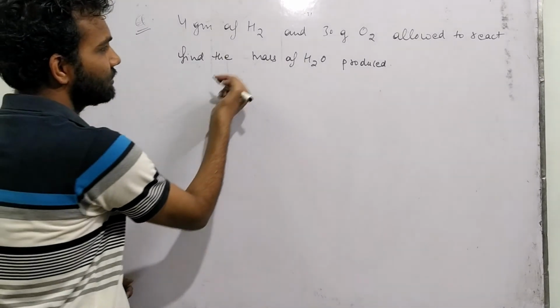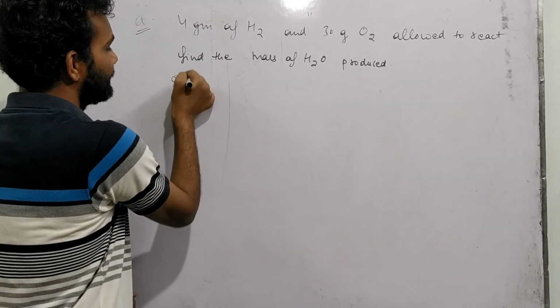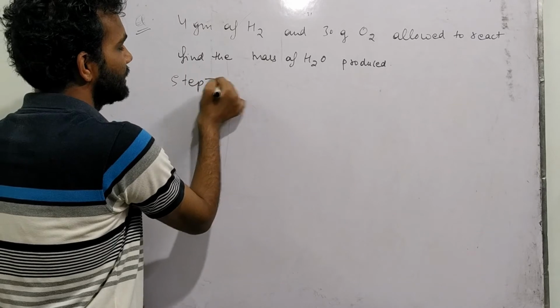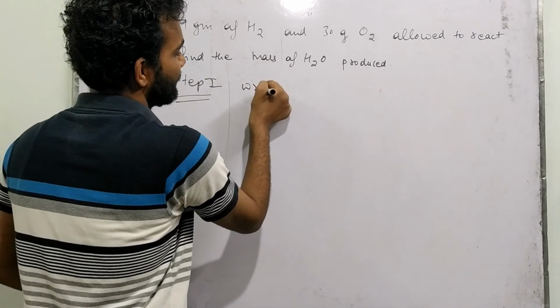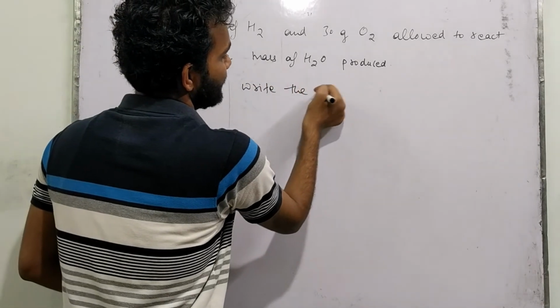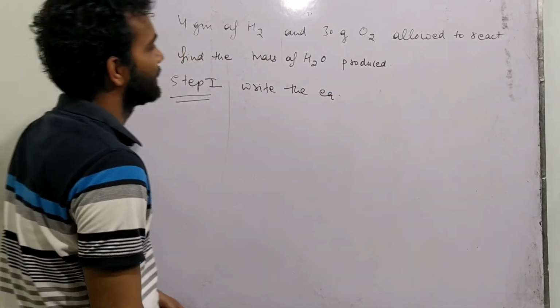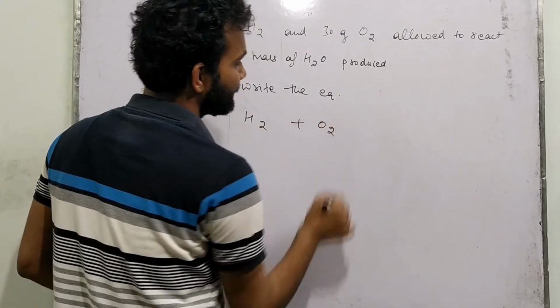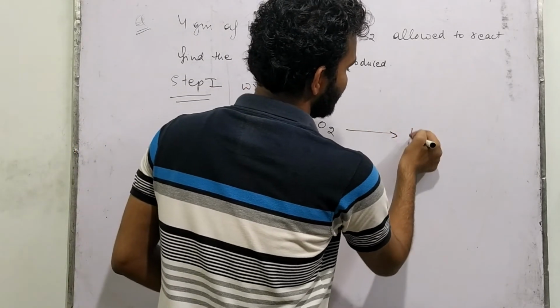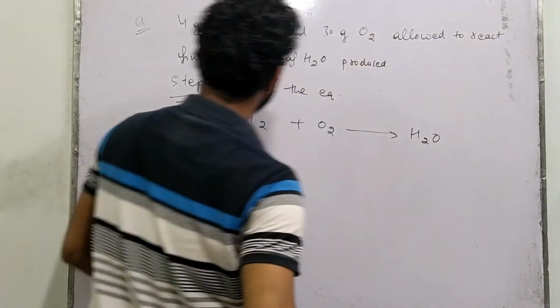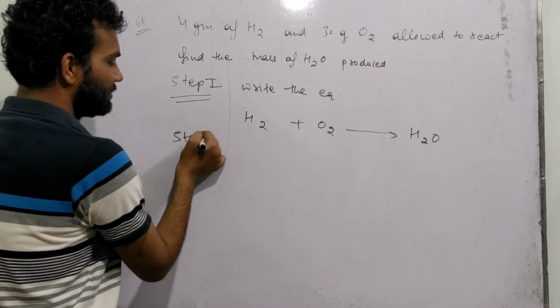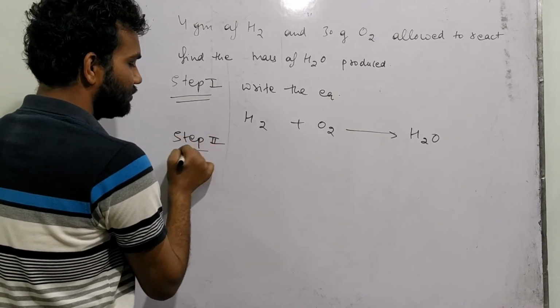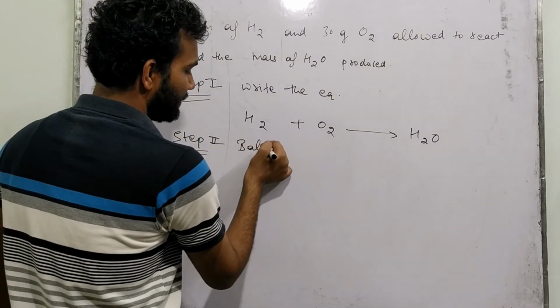Now what we will do, first we will write the steps, in 2 steps we will do the question. Step 1, write the equation. सबसे पहले हम इसका इक्वेशन लिखेंगे, ठीक है. Hydrogen is reacting with oxygen and it is giving water. Okay, step 2. Always remember, we will go by step. Step 2, balancing the equation.